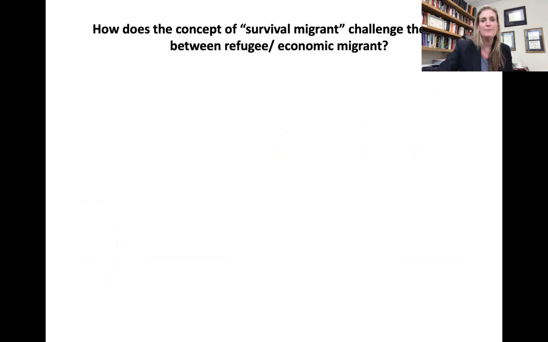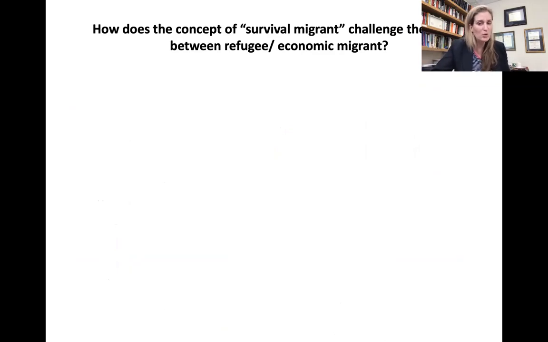And that gets us to the story of Cecilia, who you read about in the New York Times article titled "The Smuggled Girl's Odyssey of False Promises and Fears." And what I want you to be thinking about with this article is how the experience of Cecilia in her journey to the United States illustrates the concept of survival migrant, right?